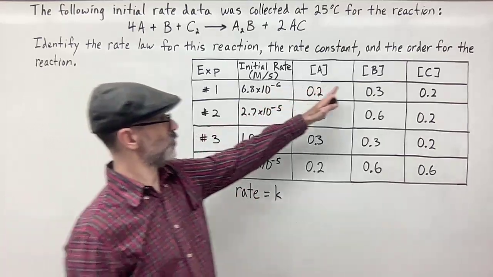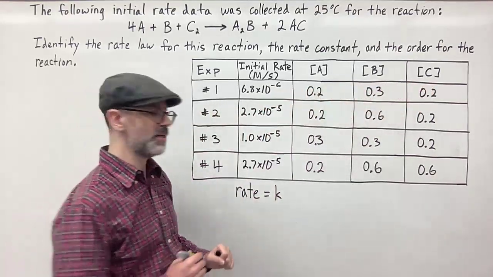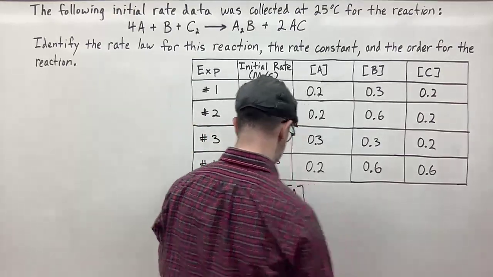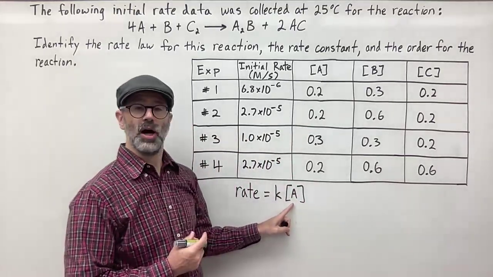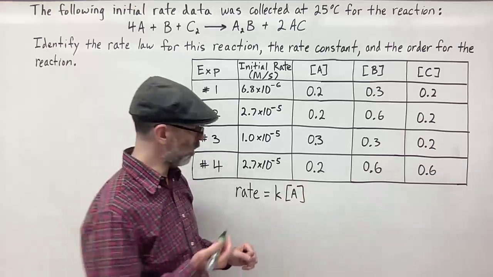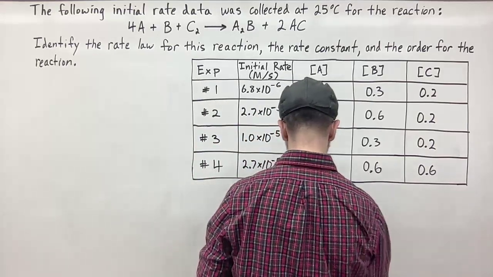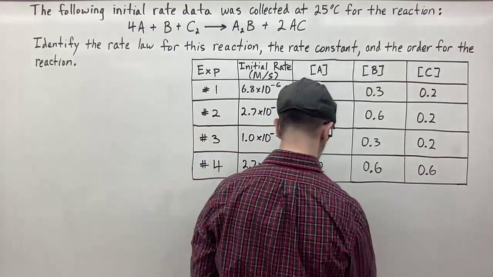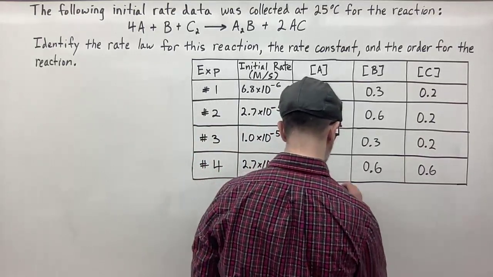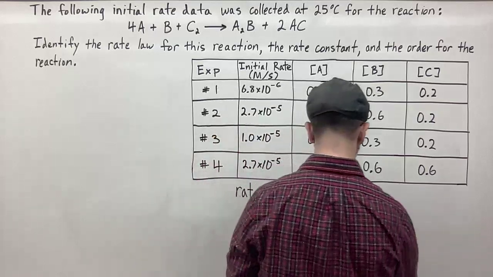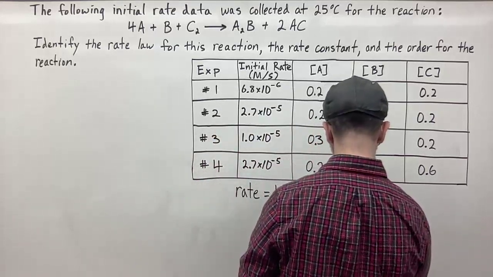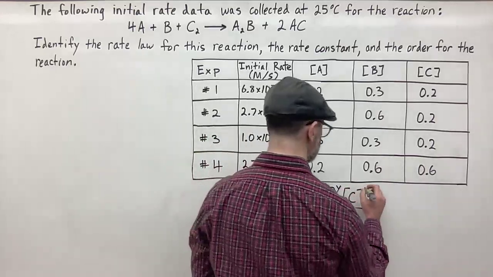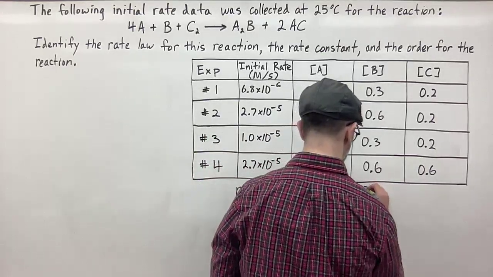And then we have these three reactants, A, B, and C. So we have reactant A, and that's going to be raised to some power. We'll call that X right now, multiplied by the concentration of B, raised to some power Y, and then multiplied by the concentration of C raised to the power of Z.